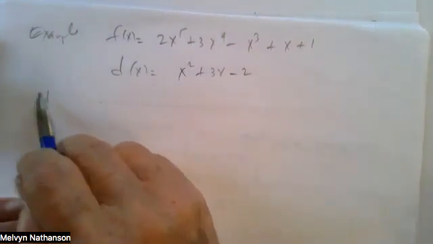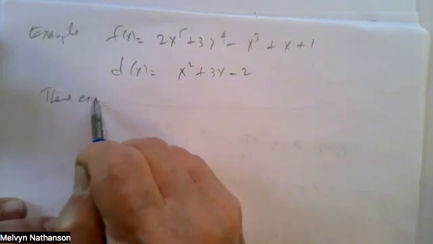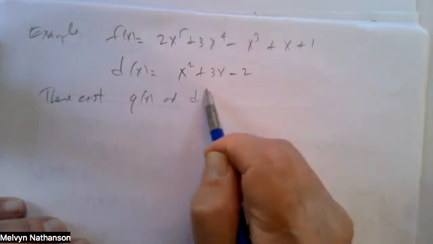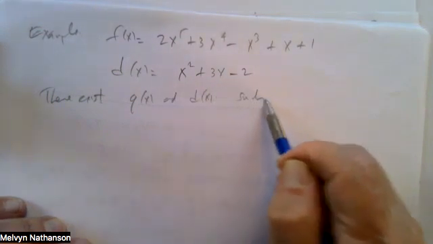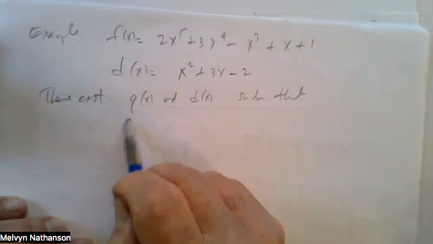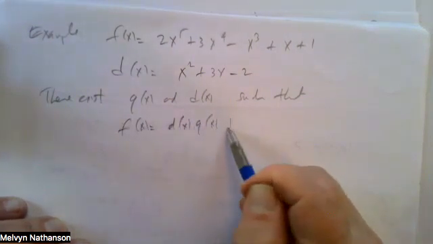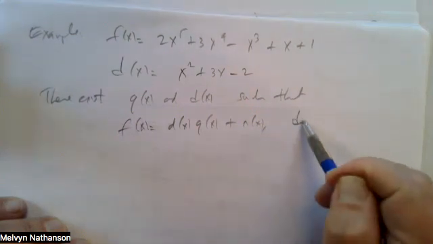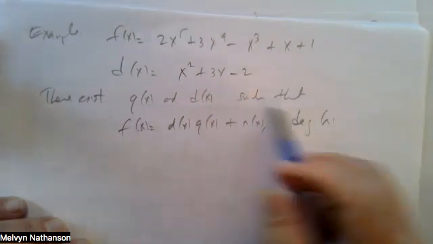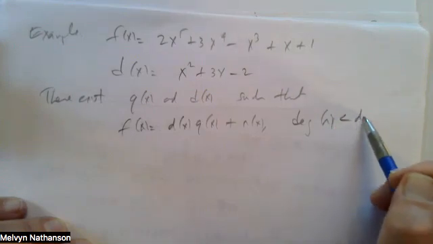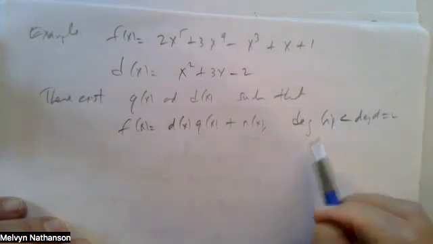So there exist polynomials q of x and r of x such that f of x is d of x times q of x plus the remainder r of x, and the degree of r is less than the degree of d, which is 2.